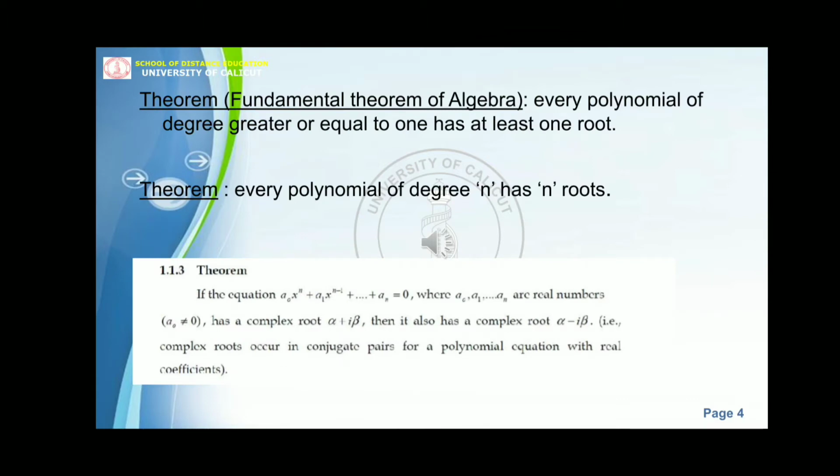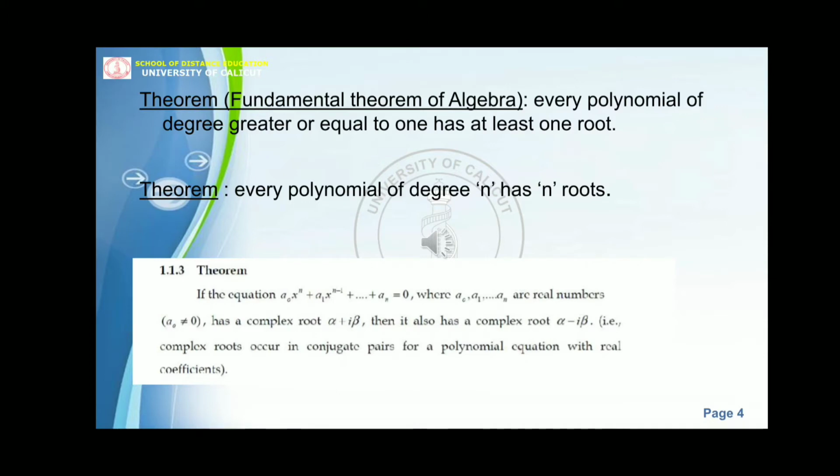The fundamental theorem of algebra states that every polynomial of degree greater than or equal to 1 has at least one root. The next theorem states that every polynomial of degree n has n roots. Therefore, if we have a polynomial function of degree n, then it will have n roots.